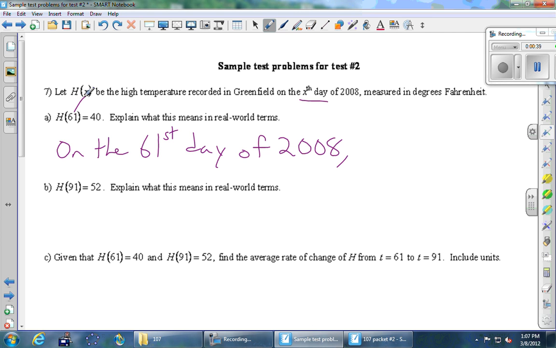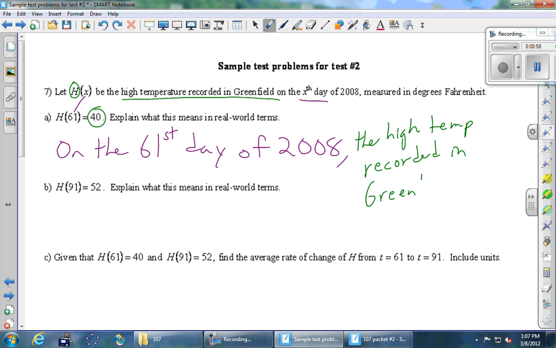Something has to do with the 40. 40 is the H value, which is the high temperature recorded in Greenfield. And here we're measuring in degrees Fahrenheit.